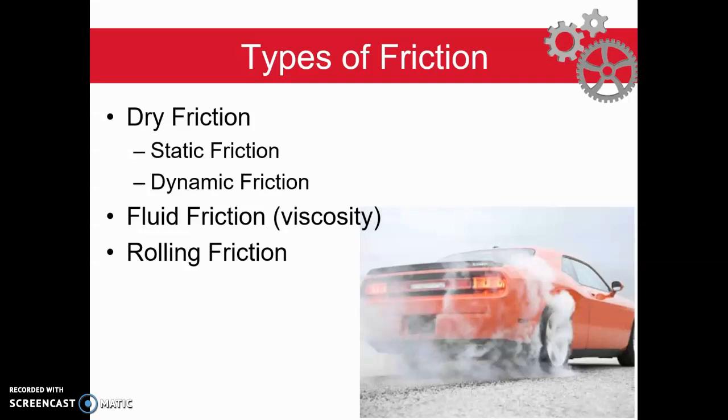Another type of friction that we talked about in physics class was viscosity. And so this is an example of fluid friction. As a fluid flows, which is what fluids do, it may be relatively easy or comparatively difficult for those molecules to flow across each other. And so this is described in terms of viscosity. So a viscous fluid resists flow.